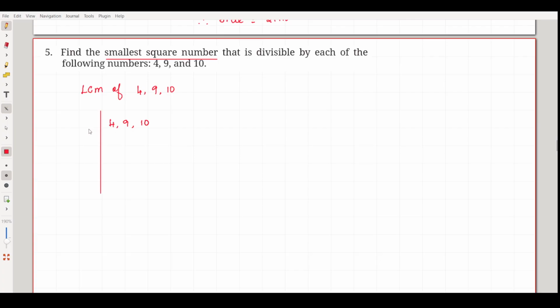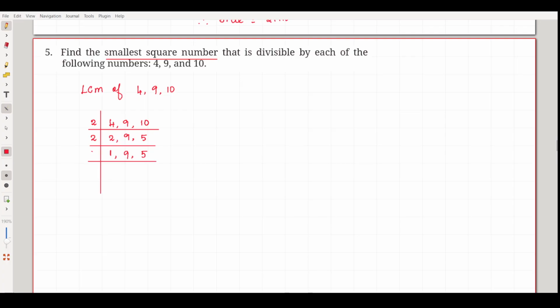So take the LCM of 4, 9 and 10. First you can go with the 2 table. 2 2s are 4. 9 is not divisible by 2, so we write it as it is. 2 5s are 10. Again we go with the 2 table, so 2 1s are 2, 9 as it is, 5 as it is.